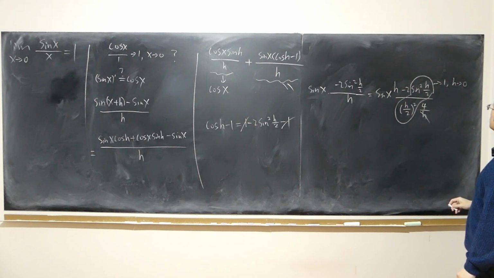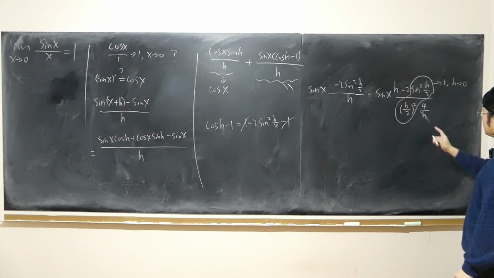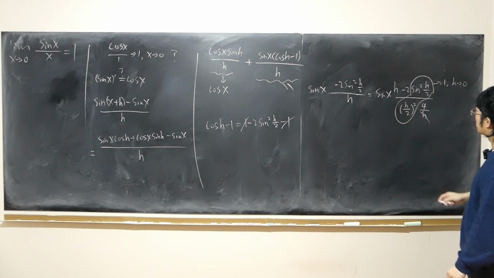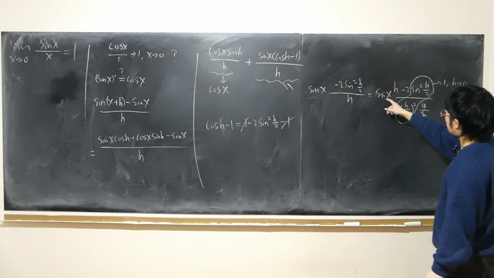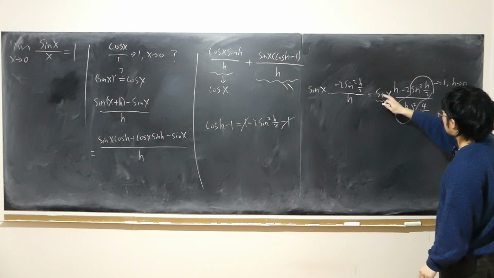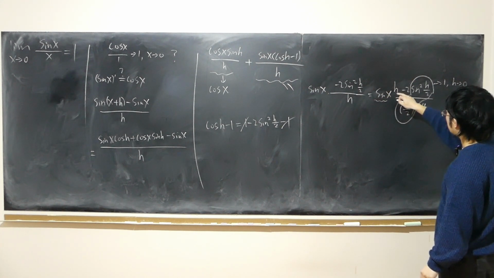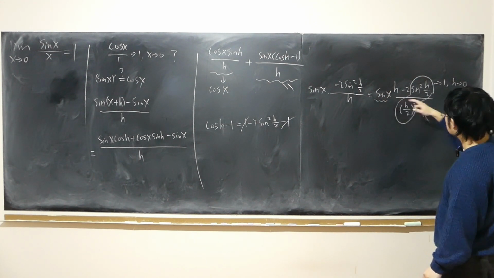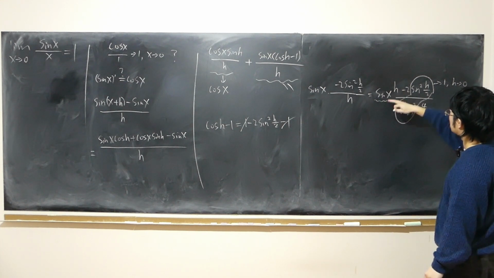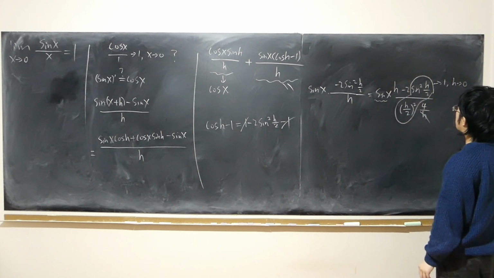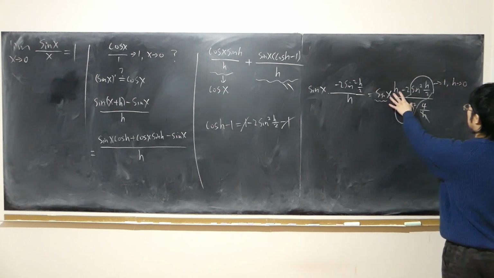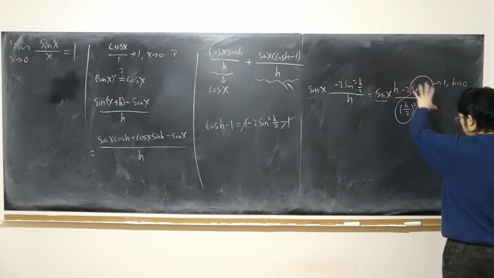Don't worry about the constant. All I know is that h is on the top now. So x is a fixed constant. As h approaches 0, a constant times something approaching 0 of course approaches 0. So 0 times 1, the whole thing still approaches 0.